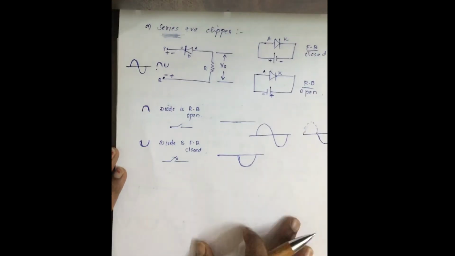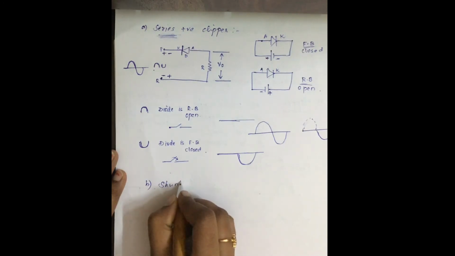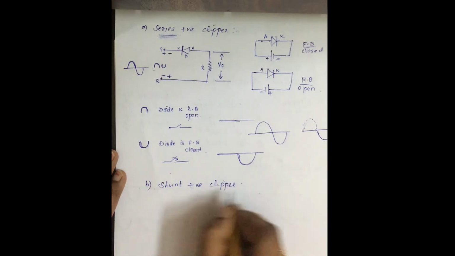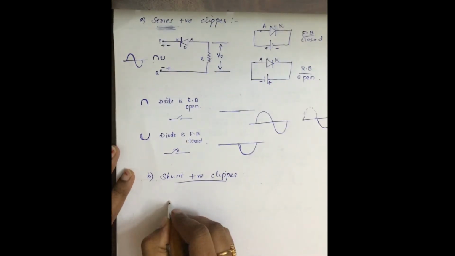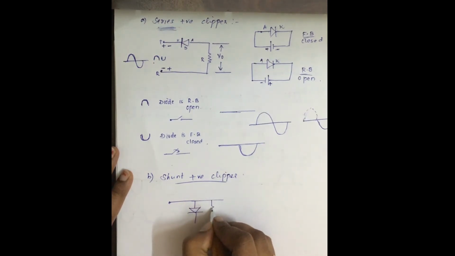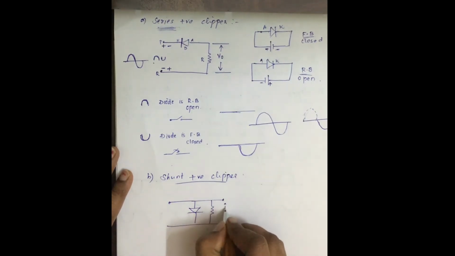Next, let's see how it works in shunt. When it is connected in shunt, the diode is connected in parallel with the load resistor. This is the output.